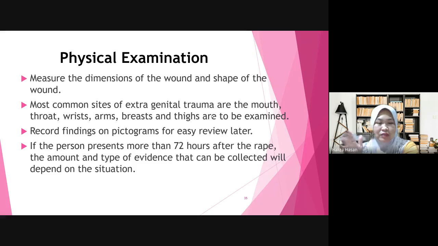For example, after 72 hours she has already bathed and cleaned up, so sometimes you cannot get the specimen from the vagina. If a rape case, what specimen do we take from the vagina, if she has already bathed and everything, maybe the evidence is no longer there, for example. So it might be difficult for the police to get evidence and to catch the perpetrator.